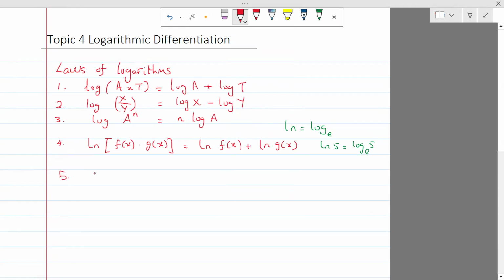The same thing: ln of f(x) divided by g(x) becomes ln of f(x) minus ln of g(x). And if I have ln of f(x) to the power n, this becomes n ln of f(x).